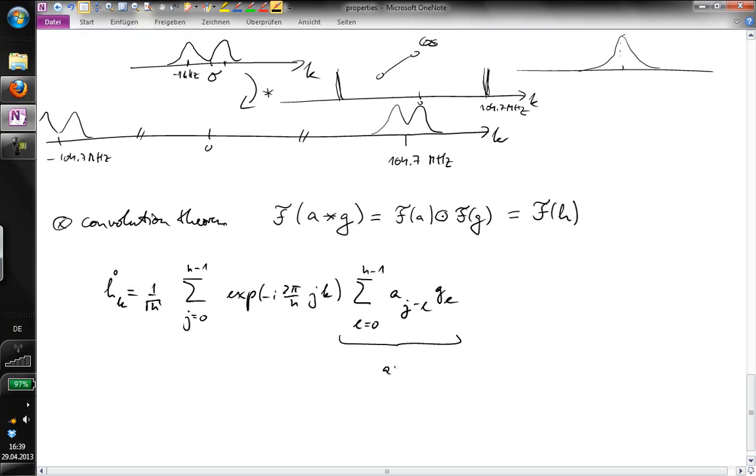So this is A convolved with G at position J. Well, and the first part is taking the Fourier transform of that other thing.